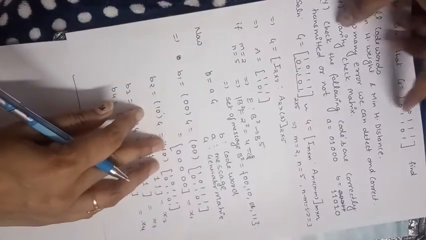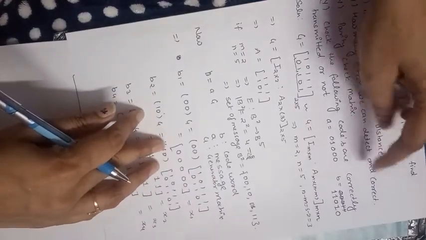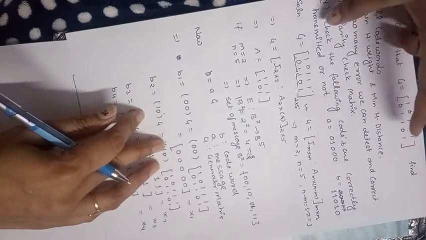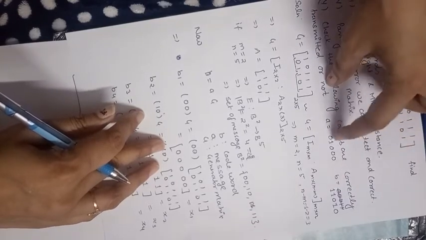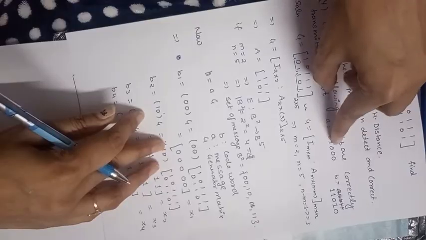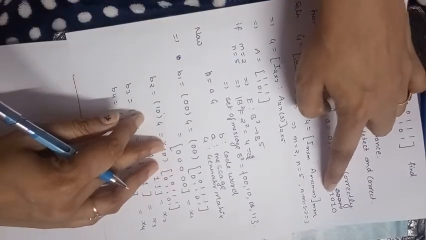Now next question is: check the following codes, whether they are correctly transmitted or not, where A is 0 1 0 0 0 and B is 1 1 0 1 0.